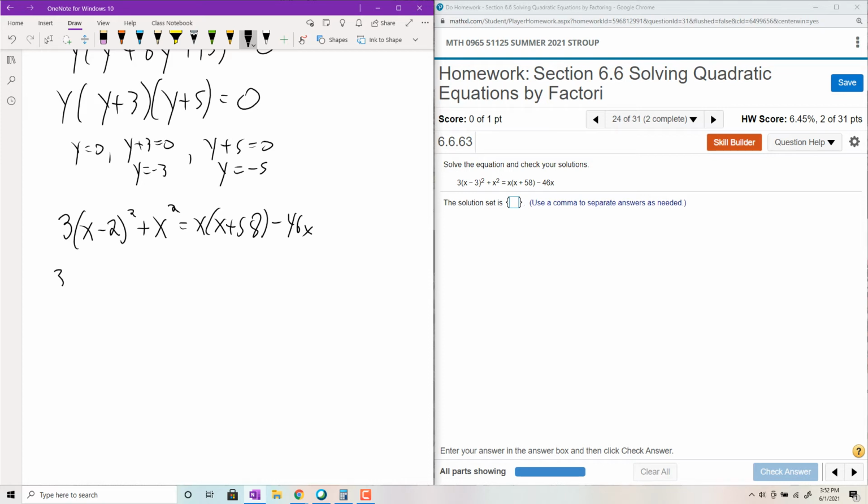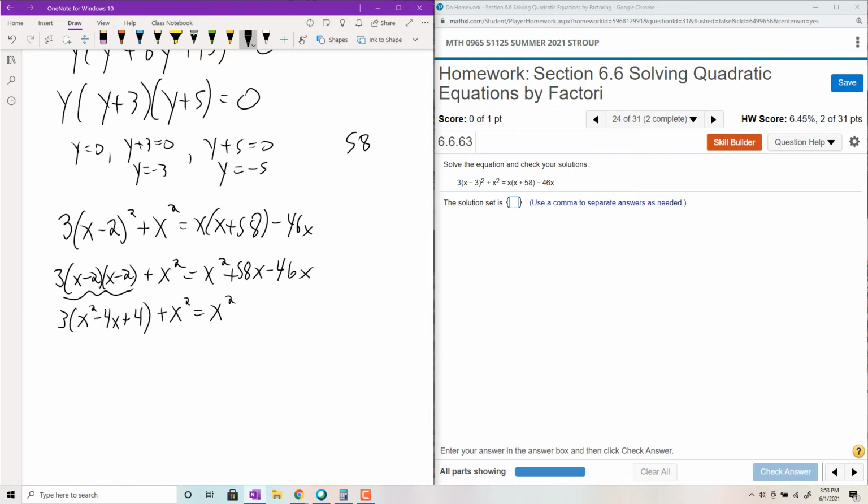Okay, so first off, x minus 2 squared is the same as x minus 2 times x minus 2. So I'll just remind myself of that. On the right, I'm going to distribute x squared plus 58x minus 46x. I'm going to FOIL these guys out. So I have 3 times x squared minus 2x is minus 4x plus 4 plus x squared equals x squared. Combining like terms, 58 x's minus 46 x's is 12 x's.